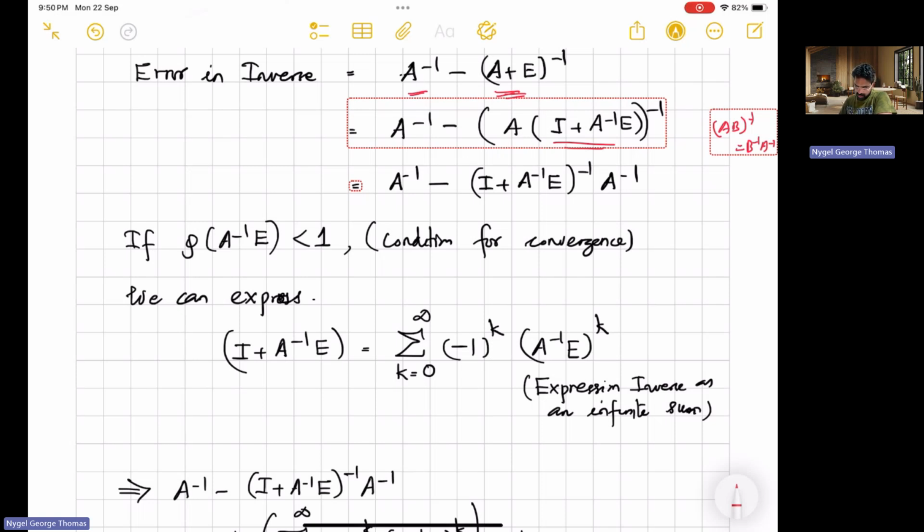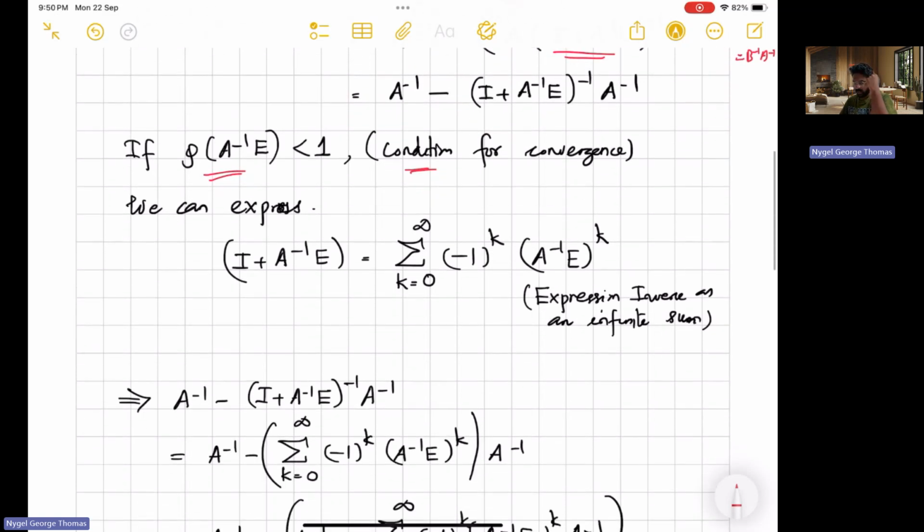Here, if the spectral radius of A inverse E is less than 1, that is a condition for convergence. We've already seen that in the previous lectures. So let's assume that the spectral radius is less than 1. Then the term I plus A inverse E can be expressed as an infinite sum.